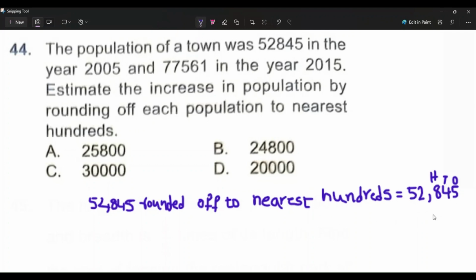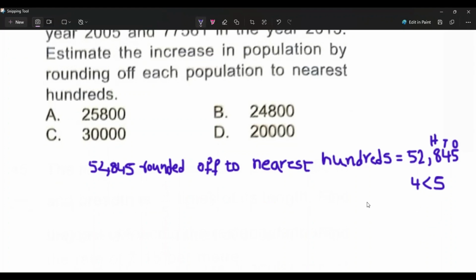So let's compare tens place. Tens place is 4. 4 is less than 5. So this becomes 52,800. Ones place and tens place becomes a 0. Hundreds place remains the same.